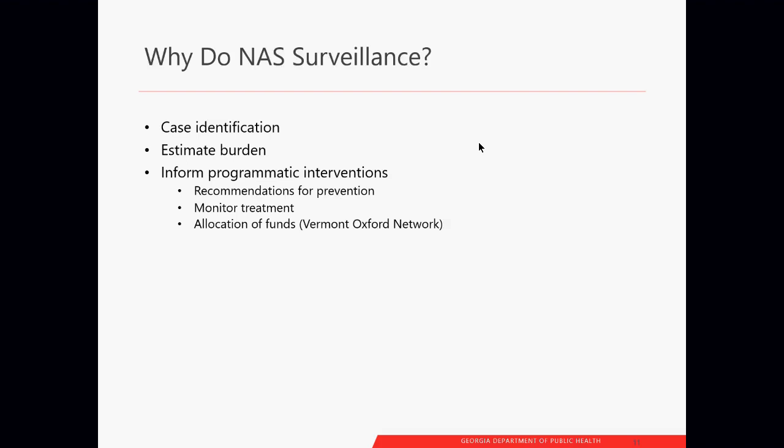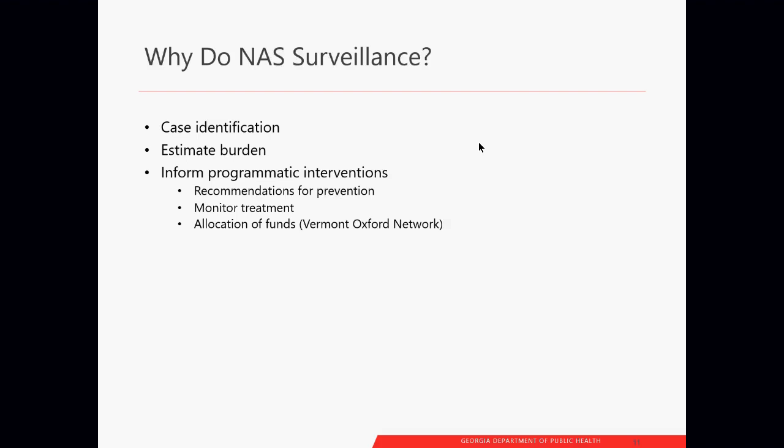We also use this information to provide information regarding the most commonly used substances, so we can keep tabs on that, and the signs and symptoms attributed to withdrawal from that substance exposure. We use this information also to inform programmatic interventions. We make recommendations for prevention, and we monitor treatment and allocation of funds.